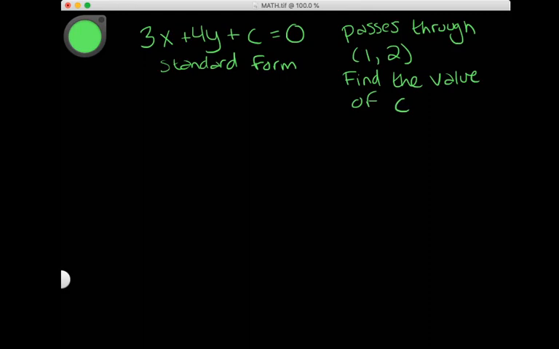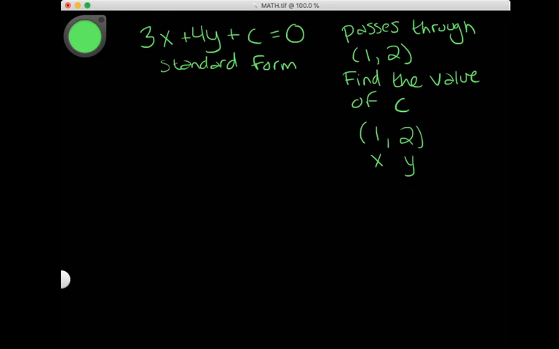Well, what we have to consider here is that this point is 1 and 2, so we have two sets of coordinates here, right? Our first is x, our second is a y. So if we want to figure out what c is, we can plug x and y in.